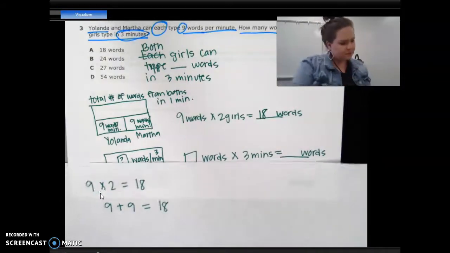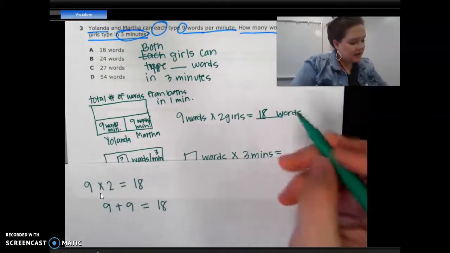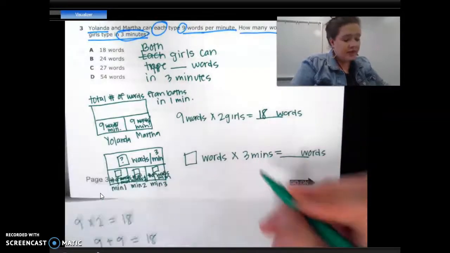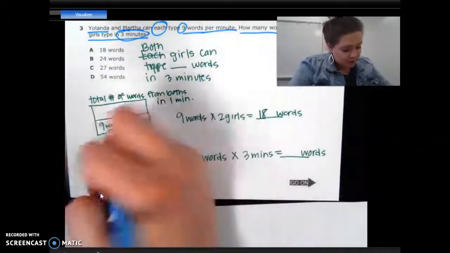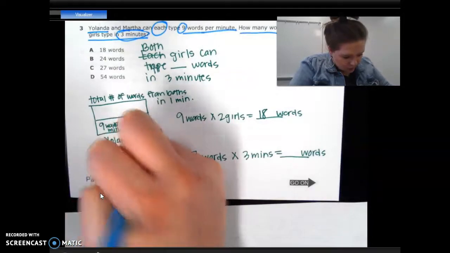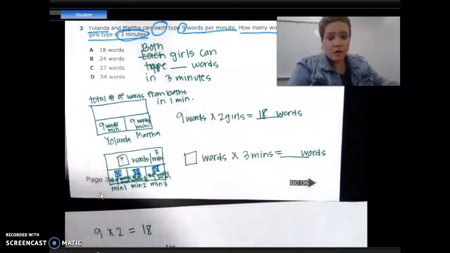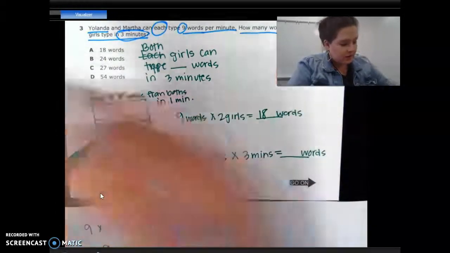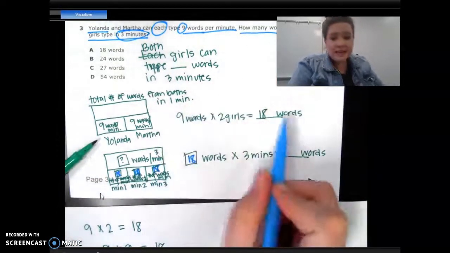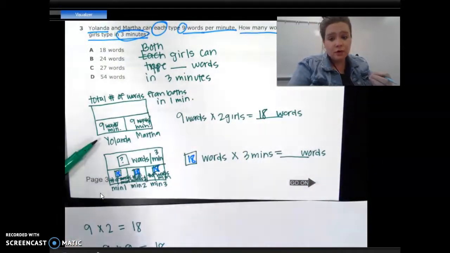Okay? And then that 18 is going to go down here. All right? And it goes here. Because I'm going to take those total number of words. So both of those girls together type 18 words in 1 minute, and I want to know how many words they both type in 3 minutes.